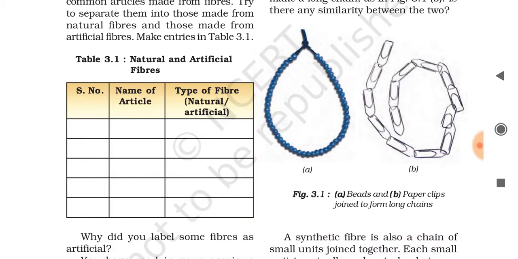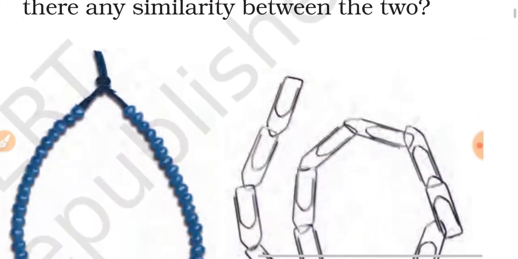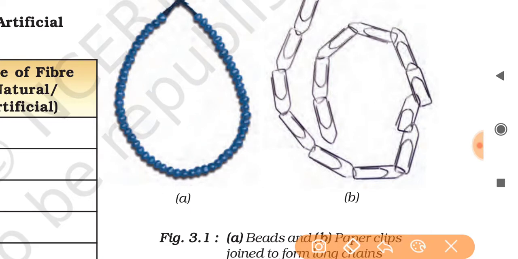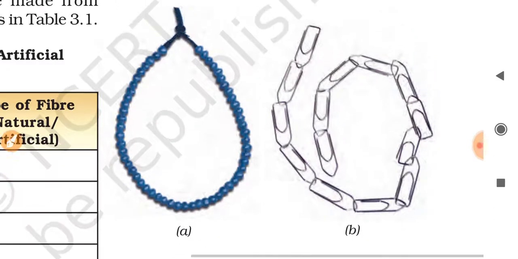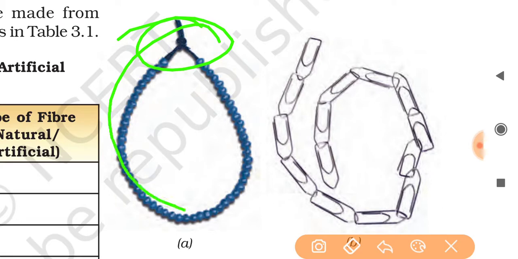Before you make the list, some students forgot what synthetic fibers are. So recall the uniform pattern found in a necklace of beads joined with the help of a thread. You can see in figure 3.1a one bead joined with a thread.